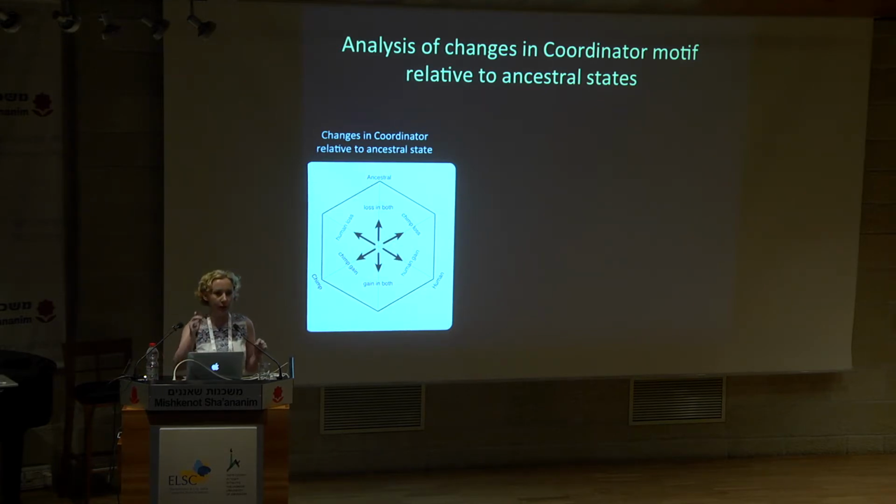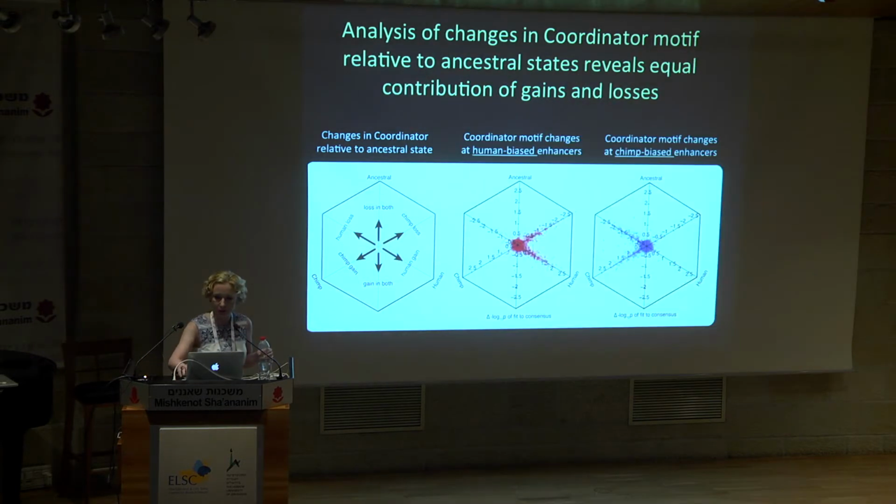Okay, well, the discovery of coordinator also allowed us to look at coordinator changes as one potential important class of motifs whose evolutionary history we can reconstruct by looking at primate sequences and reconstructing the ancestral state, asking whether changes in the coordinator motif represent chimp loss, human gain, chimp gain, or human loss during evolution.